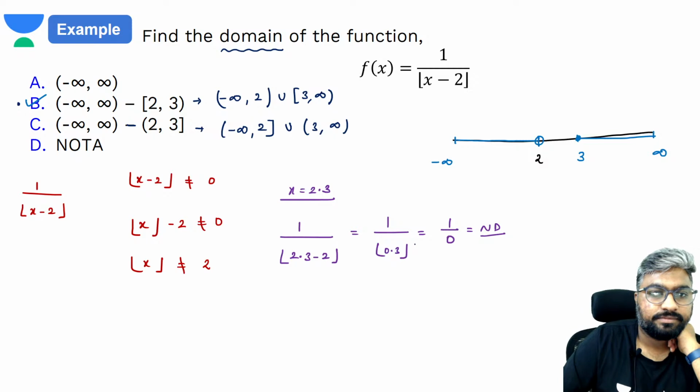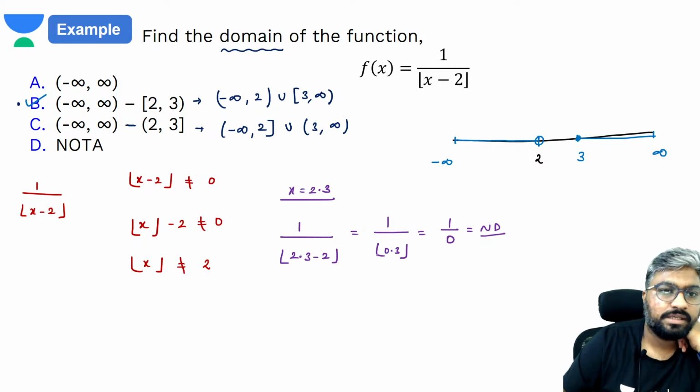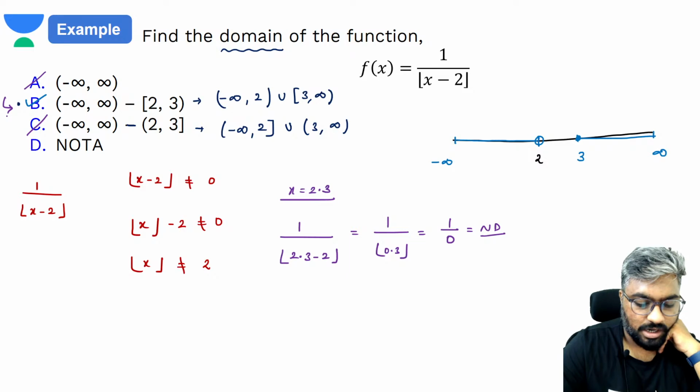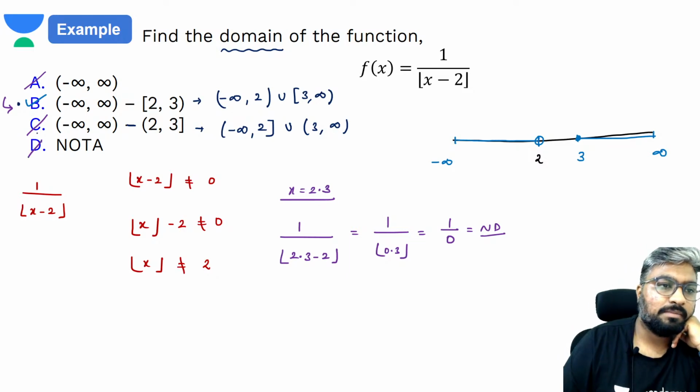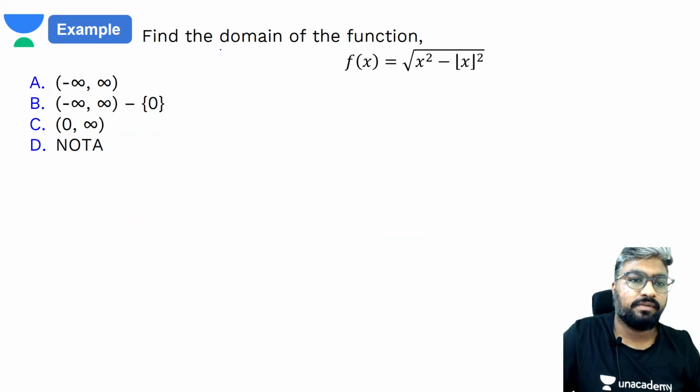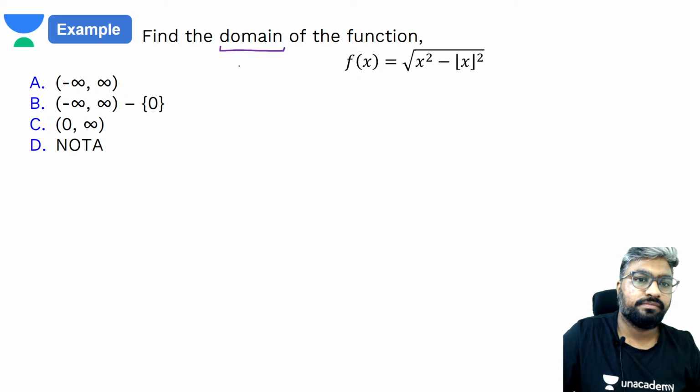Make sense? Yes. तो A नहीं, C नहीं, B is the right answer. Got it? ऋषि D नहीं, B satisfy कर रहा है. B satisfies it. Okay?